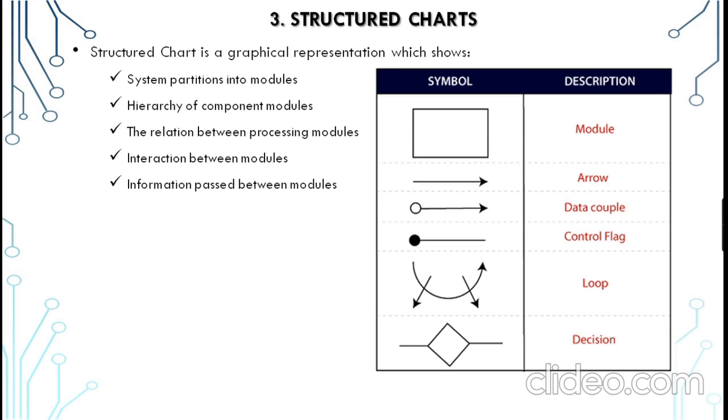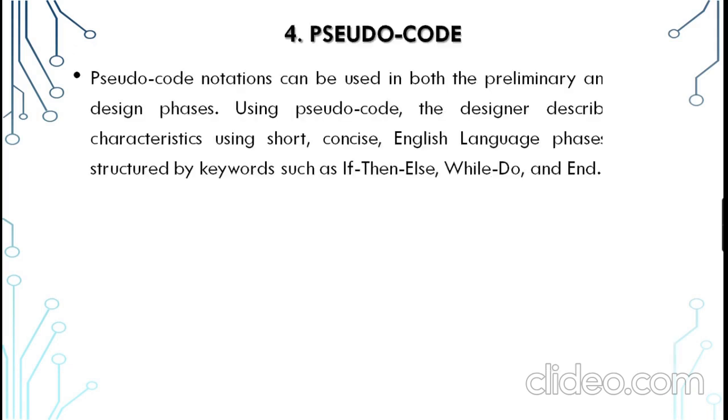The next, the fourth one, is pseudocode. Pseudocode notations can be used in both the primary and detailed design phases. Using pseudocode, the designer describes the system characteristics using short, concise English language phrases that are structured by keywords such as if-then-else, while-do, and end.